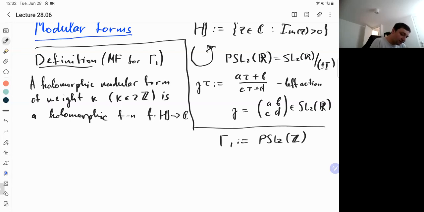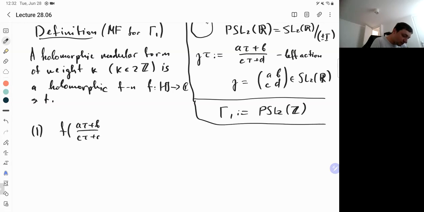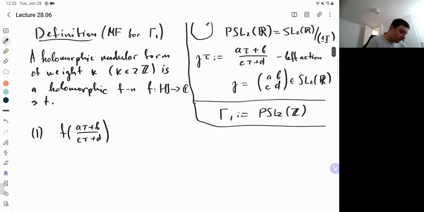such that there are two conditions. First, you want it to respect this Möbius transformation, so you want it to be invariant under Möbius transformations in this group PSL2(Z), except, well, not quite invariant.